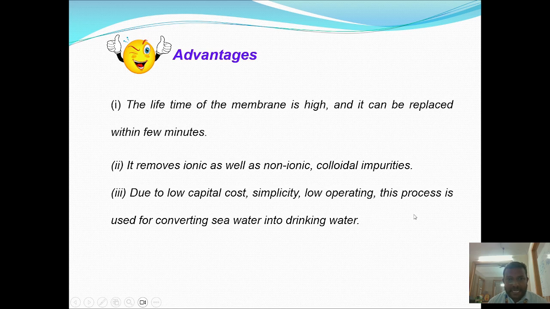There are disadvantages also. This reverse osmosis process removes all the minerals.